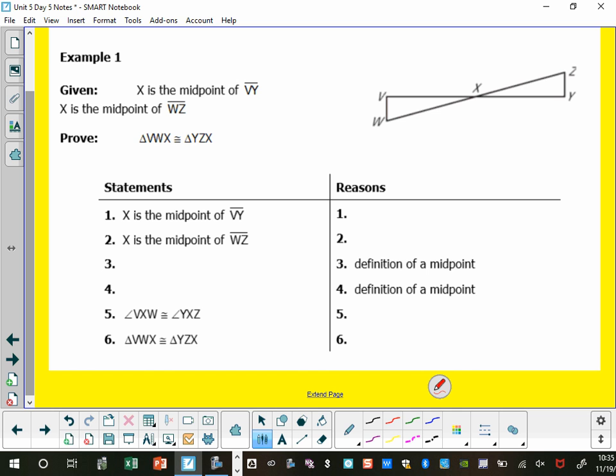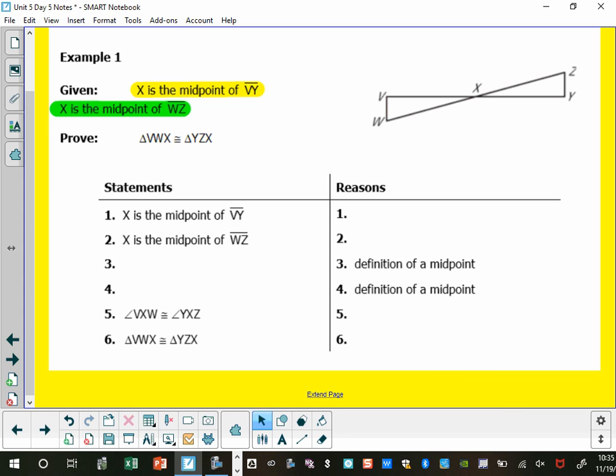Example 1 says X is the midpoint of segment VY, and X is the midpoint of segment WZ. So what is my midpoint? X, right? Let's make a little dot here. We're filling out my picture based on what they've already said. If X is the midpoint of VY, then VX is congruent to what?